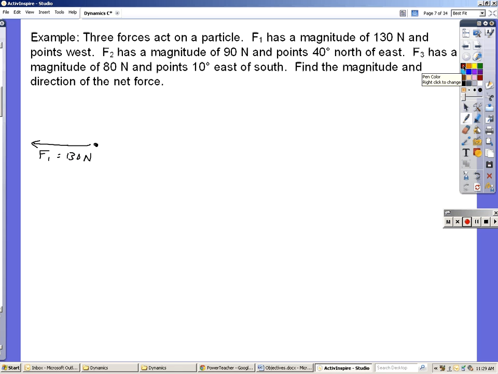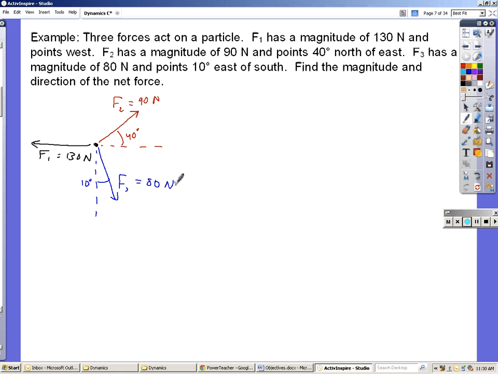The second force points 40 degrees north of east. So there's F2, which is 90 newtons, and that's 40 degrees. And F3, 10 degrees east of south. There's south, there's 10 degrees east of it, and it has a magnitude of 80 newtons.